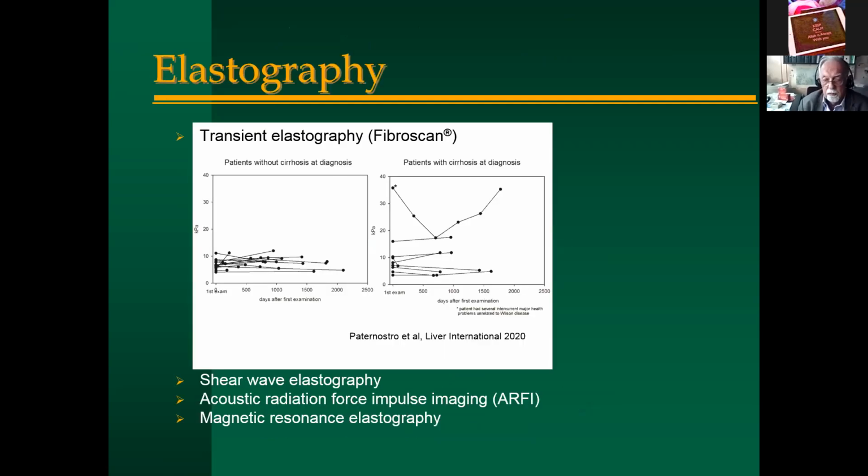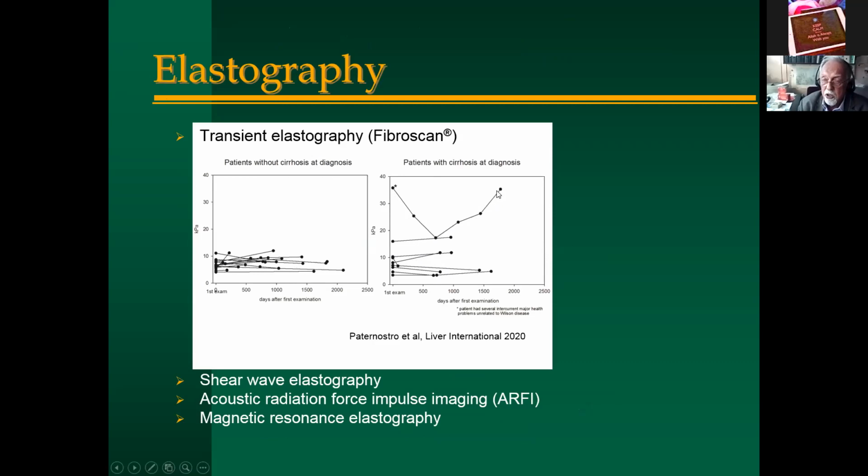This shows you the evolution of FibroScan in patients without cirrhosis diagnosis. It's a follow-up for almost 20 years, and you see there was no change. So the patient remains stable if they take the drug. In patients who had cirrhosis at diagnosis, again, they also remained stable or even became normal, except for this patient.